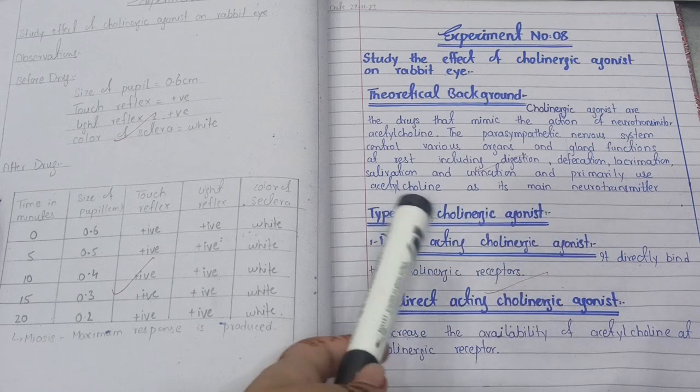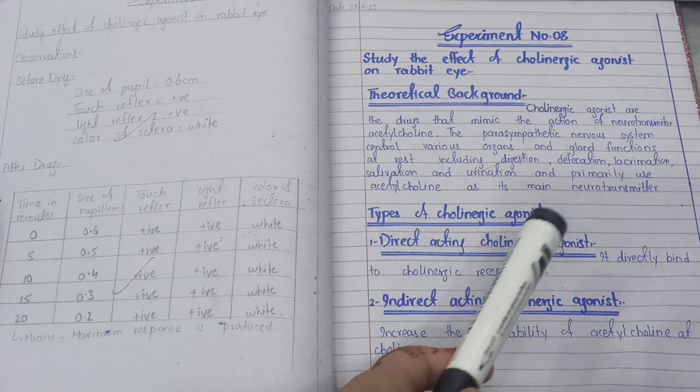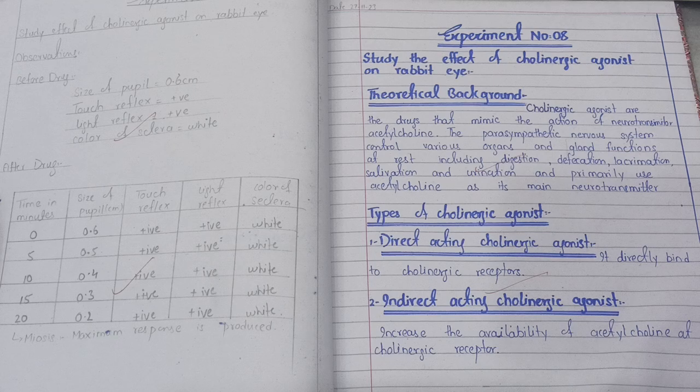And primarily, acetylcholine is used as a neurotransmitter. So you have to remember that acetylcholine is not only a hormone, it is also a neurotransmitter, and it is controlling a lot of functions which were discussed in the previous lines.